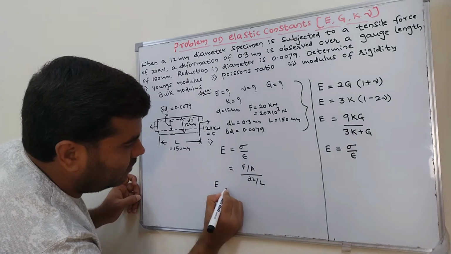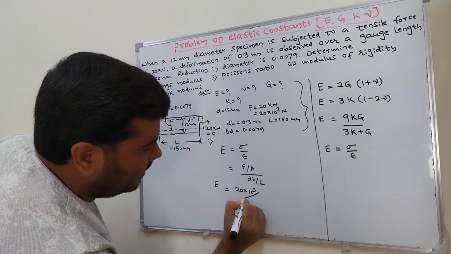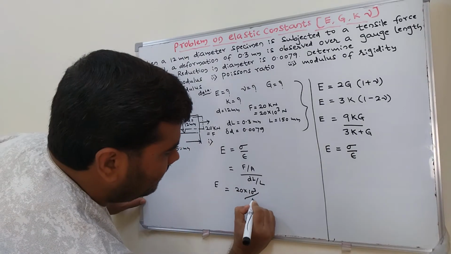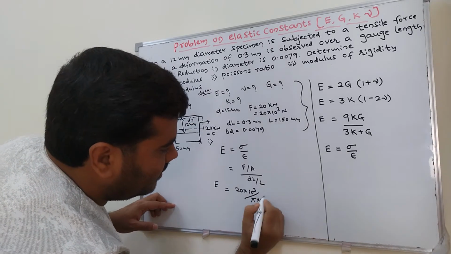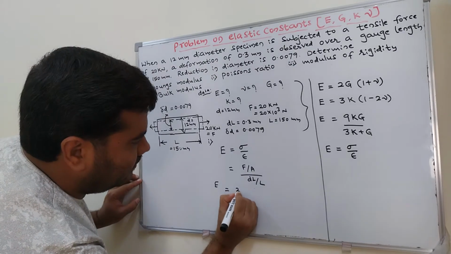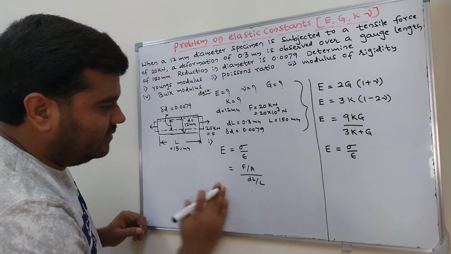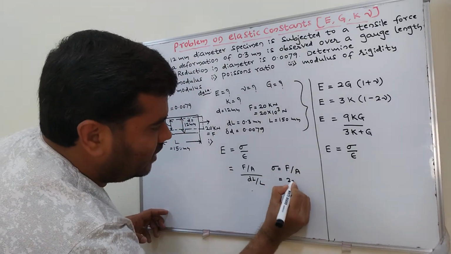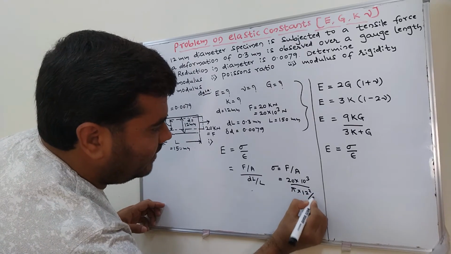Now I'll substitute: E equal to load, 20 into 10 raised to 3, divided by area, pi d square by 4, pi into 12 square divided by 4.